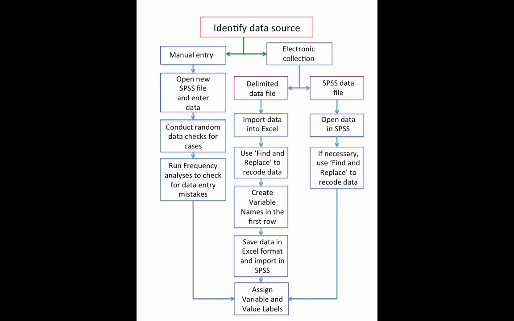And so when we open this file in Excel, instead of a spreadsheet that's got a whole bunch of 0s, 1s, 2s, and 3s, it's going to have a whole bunch of strongly disagrees, agree, strongly agree. And so at this point, the find and replace is really referring to the notion of replacing the wording with the numbers. And so again, this is where the code book comes back into play. If we ask, for example, for gender, SurveyMonkey is going to record male, female.